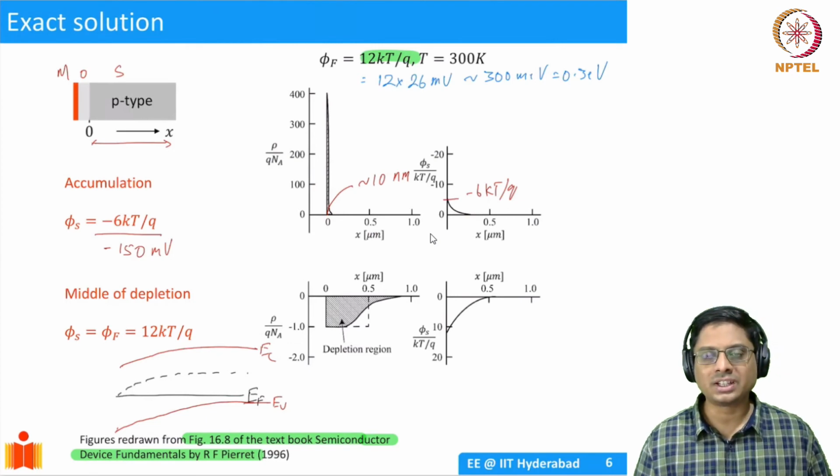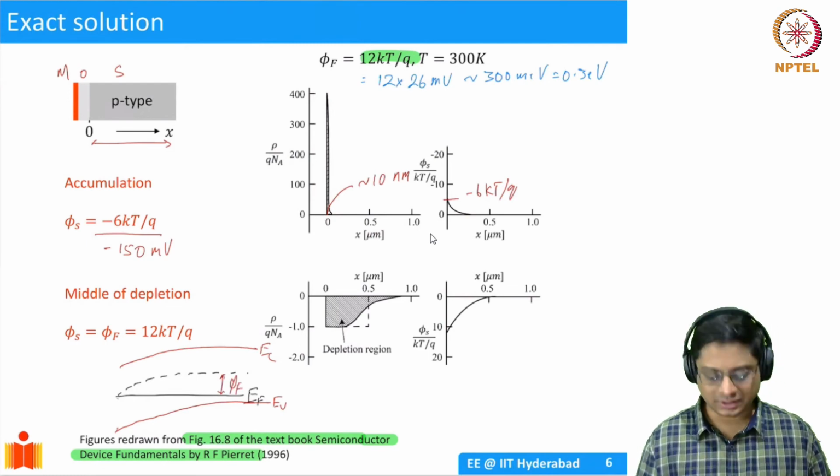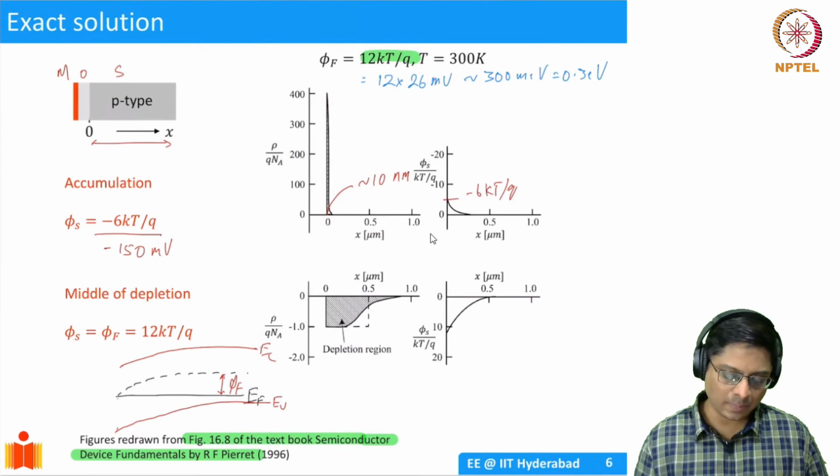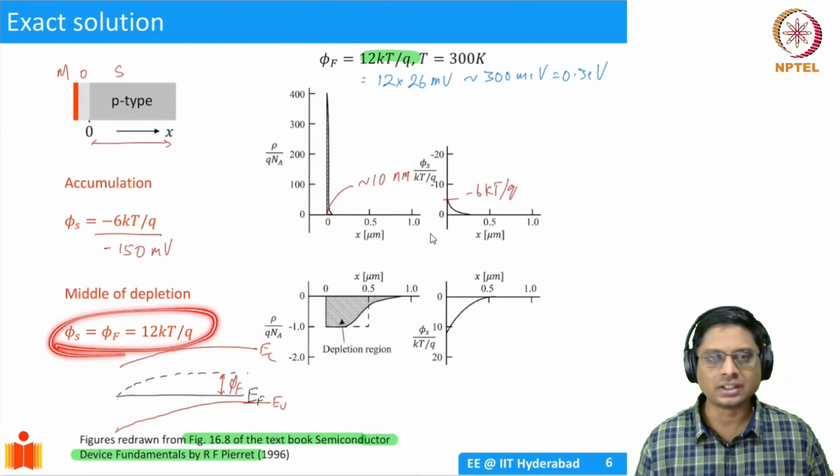So originally EF was close to EV, but then when surface potential becomes phi f, this distance is phi f. At surface it becomes EI. Okay, EF is at EI. So this is the meaning of phi s equal to 12 kT.